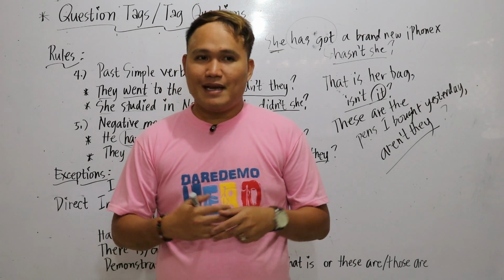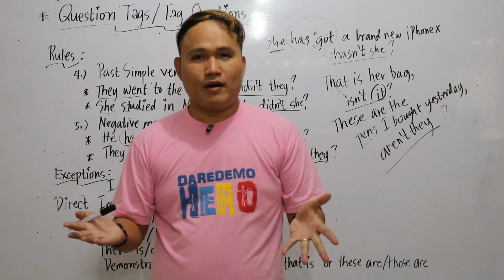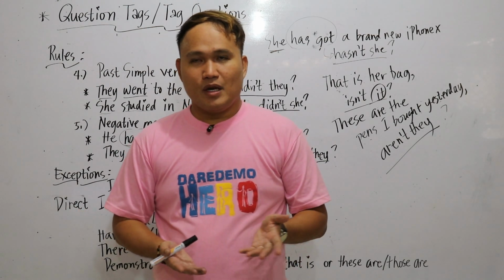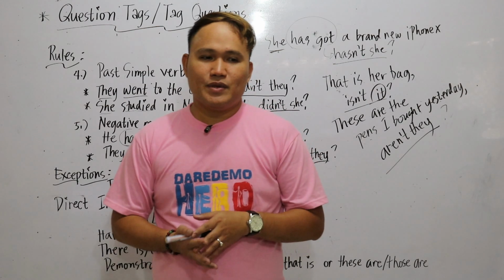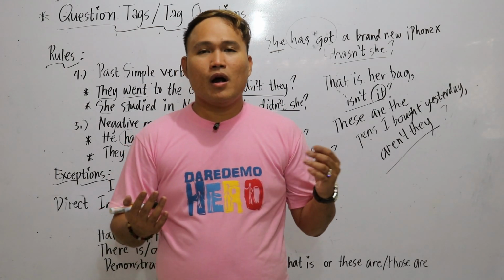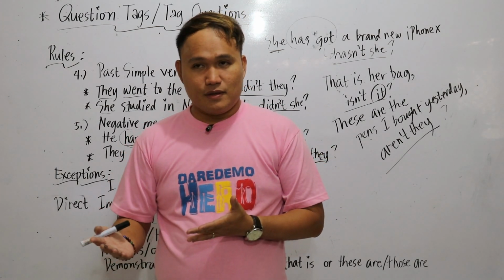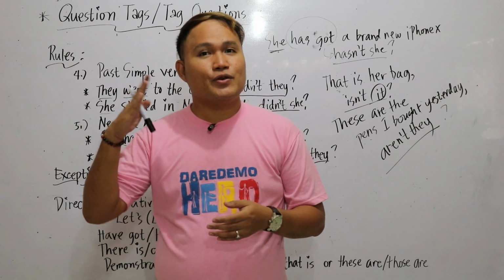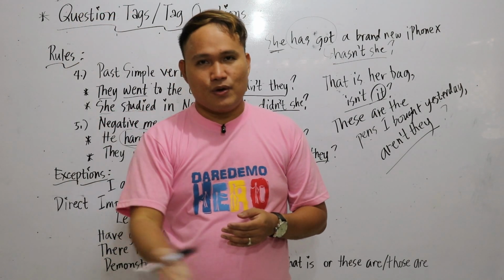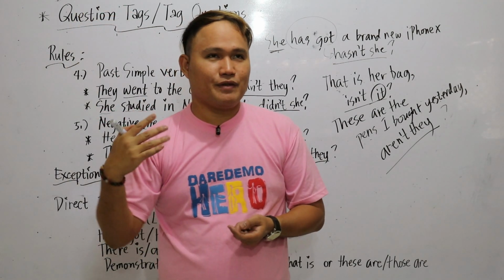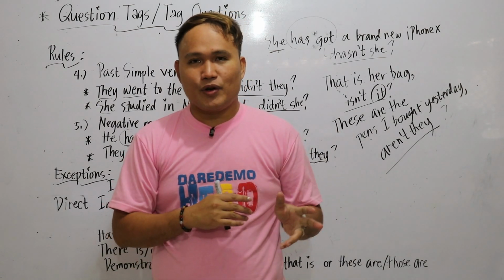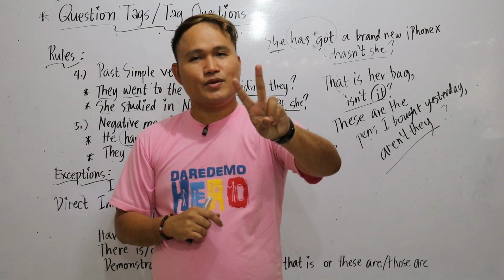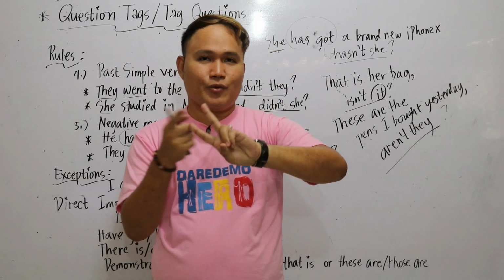For example, you're not aware that they're bored already, so you would say, you're all bored, aren't you? You use a rising intonation because you just want to confirm that statement. So we have the falling intonation and the rising intonation.